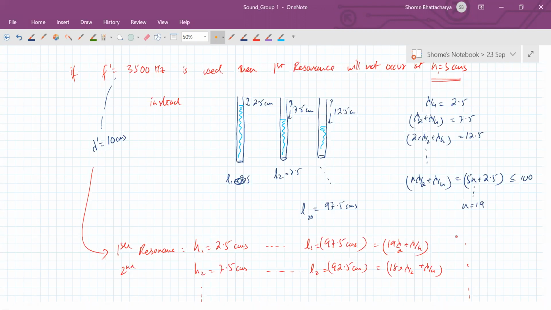Similarly, when you come to 3 times 1750 hertz, or 5250 hertz, whatever, 5.25 kilohertz, you will see that the resonance series is possible with heights starting from 5 centimeters.